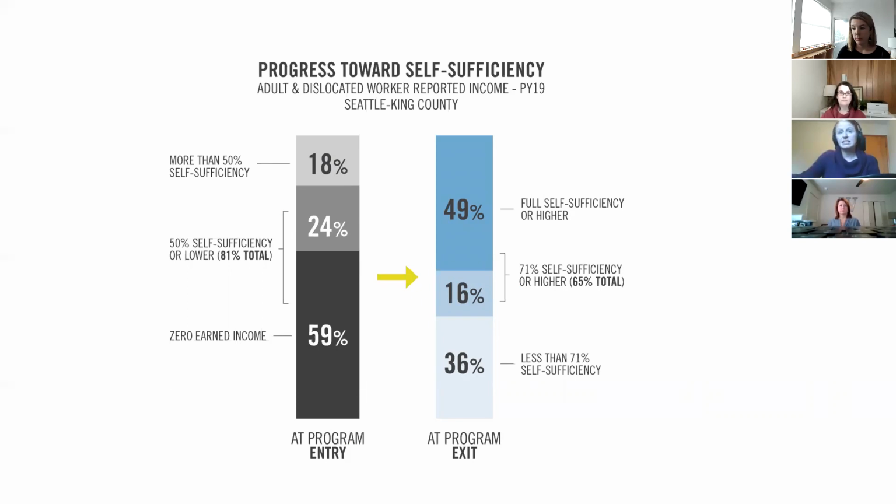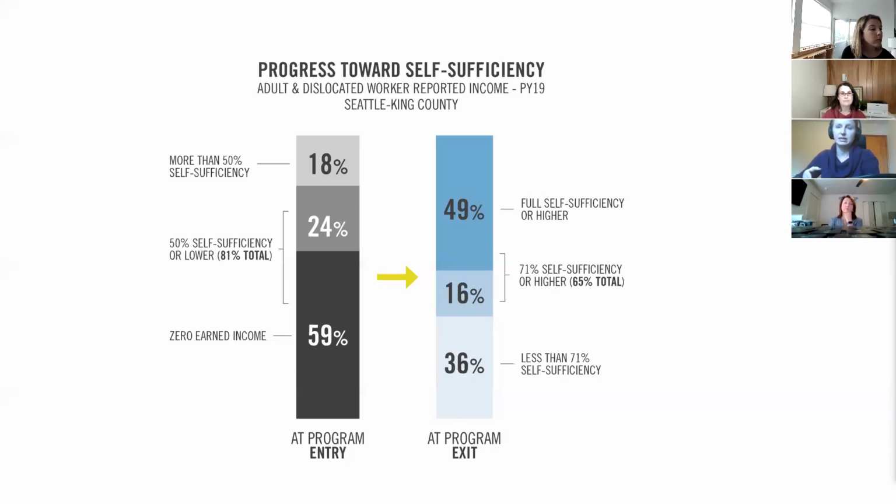So again, this is the adult and dislocated worker programs that are part of the WIOA, which is Workforce Innovations and Opportunity Act. It's one of the largest programs that we implement here in this area. So if you take a look at both graphs, on the left side, you'll see at program entry. And so what this shows is where someone is at when they enter the program.